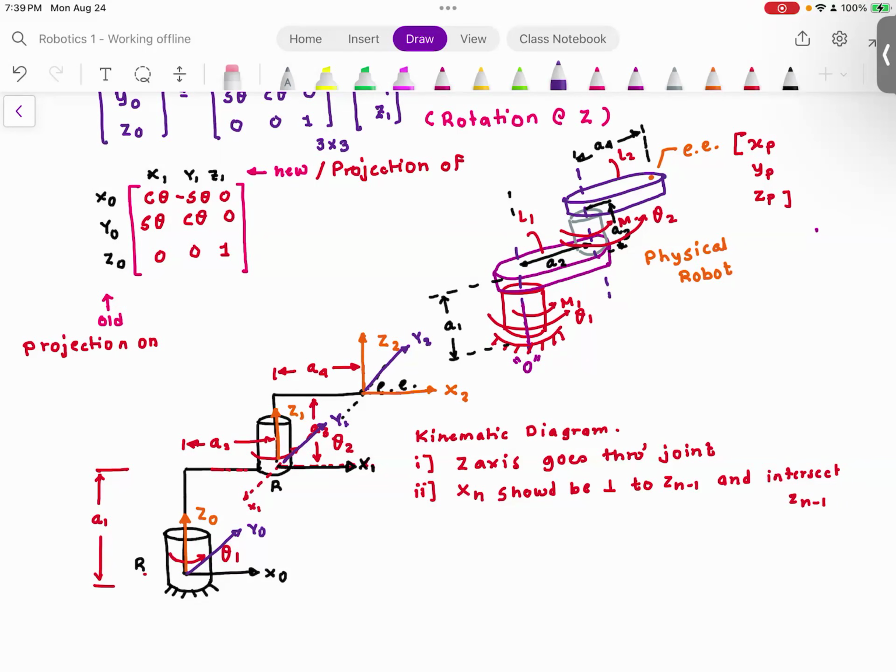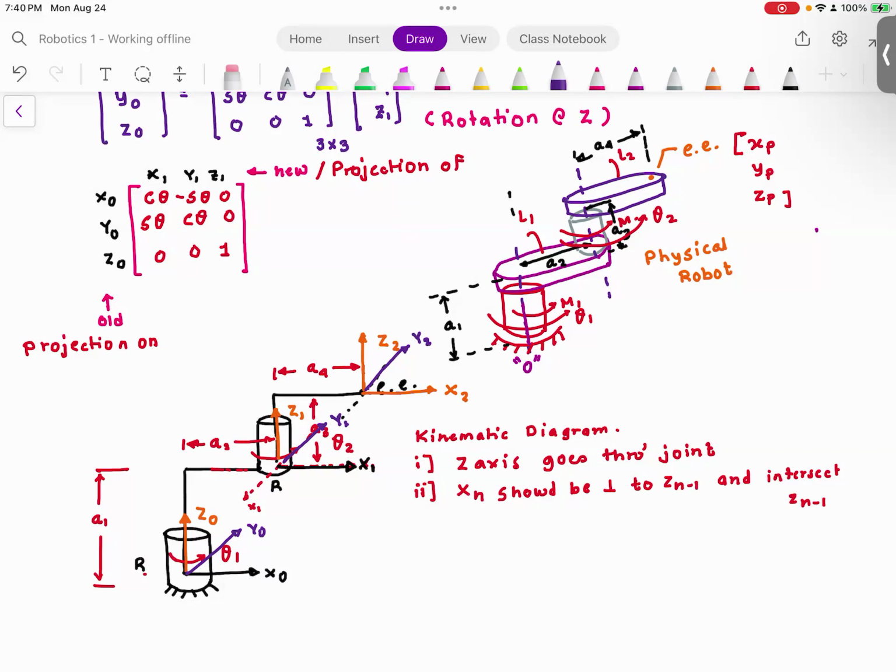Now, the most important thing that you need to observe is that the joint rotation is about Z-axis. And it's done for a purpose, because remember, our rotation matrix is about Z-axis. In other words, this frame and this frame are associated with the rotation matrix that we derived. Why? Look at this theta 1, curl your fingers in the direction of theta 1. Can you see theta 1 is in the positive Z direction?